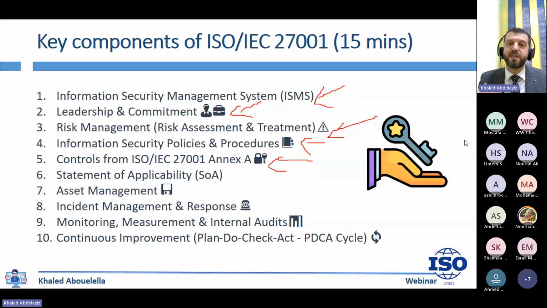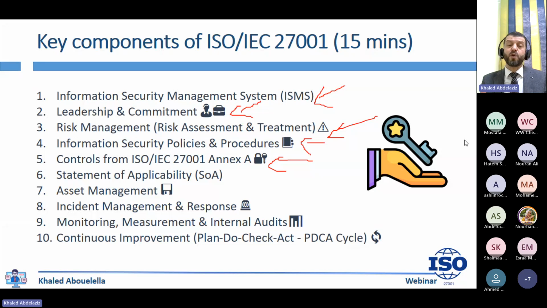You can find other customized controls for your organization, but generally, from my experience, I haven't met any business requirement, or conducted any risk assessment and got a risk treatment option, from outside these 93 controls. They cover everything in information security.